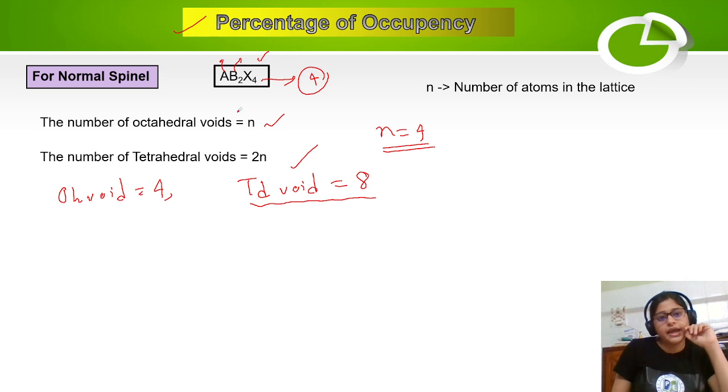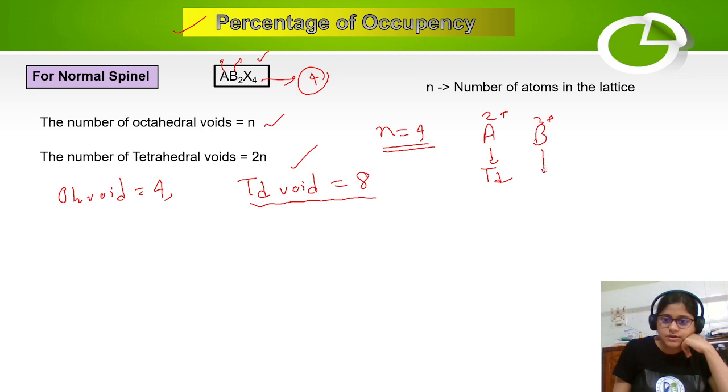So for the normal spinel, what is happening? A2+ is in tetrahedral void, B3+ is in octahedral void. So tetrahedral means 8. Here, let's say one ion A2+ is among the 8 tetrahedral voids.